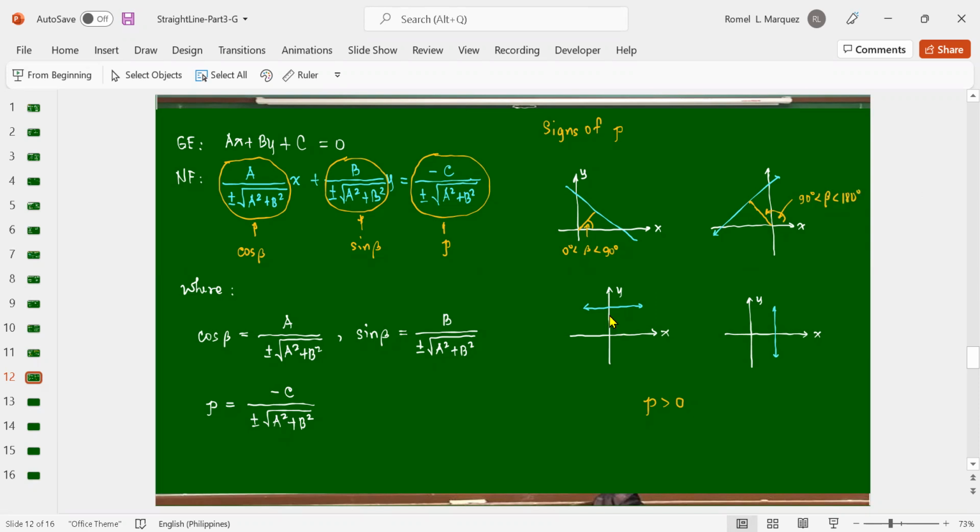Beta here, 90 degrees. And in the last one, beta here is 0 degree. Okay, guys?